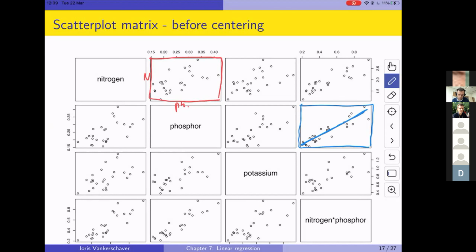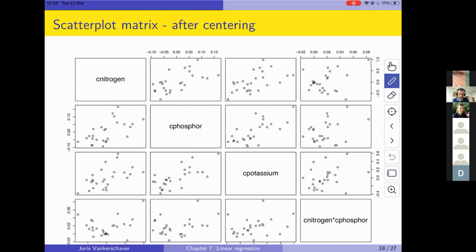I will admit there's also already a sign of a correlation between nitrogen and the interaction term, but let's focus on this one right here. So in our example, there's some cause for concern. Now let's see what we can do about that.